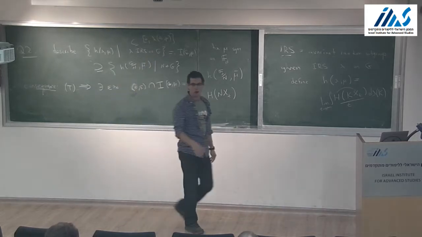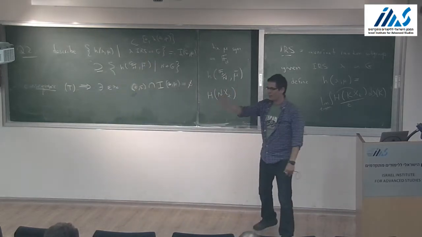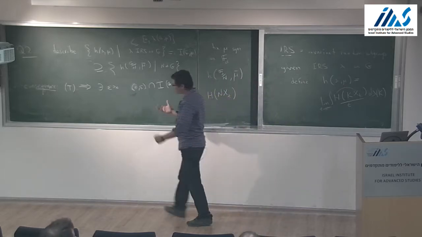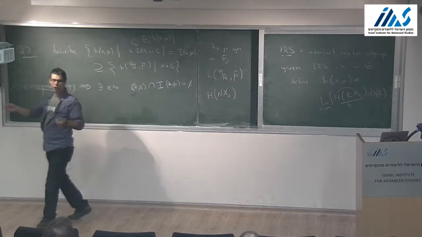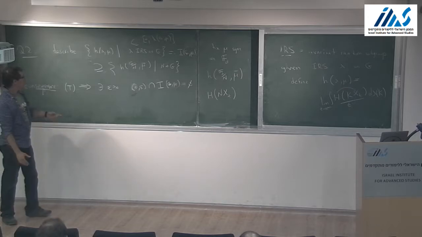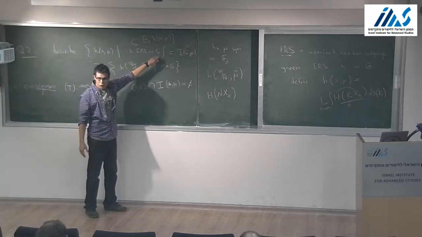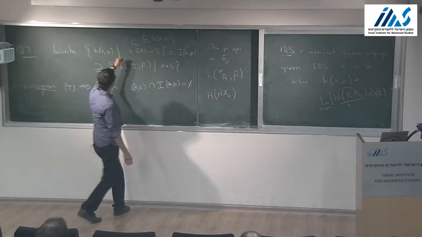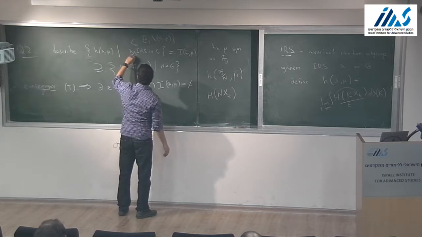So what I mean is I don't want to take trivial constructions like this, so I want to take ergodic IRSs. Ergodic IRSs basically means that they are extreme points on the convex set of all IRSs. So since the set of all IRSs on G is a convex set, you can just look at the extreme points, and that's what you want, right? So actually what I want to do is write here ergodic.